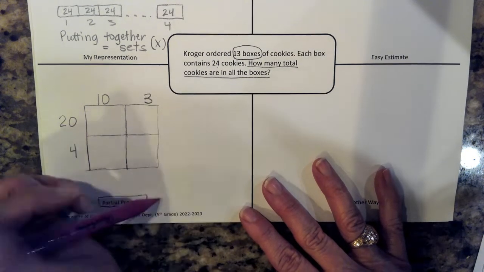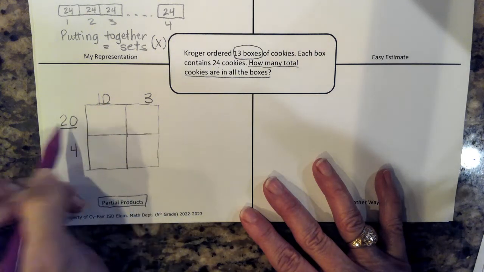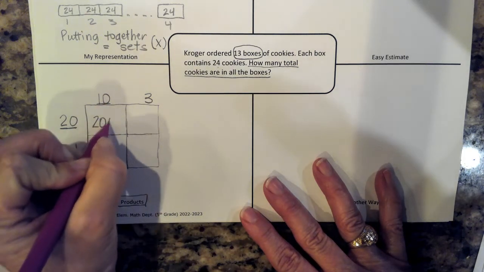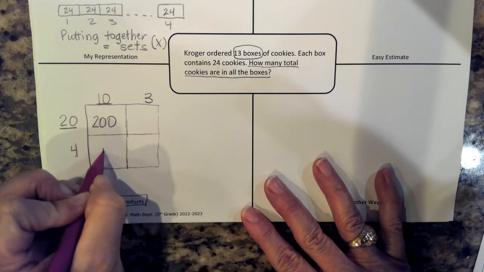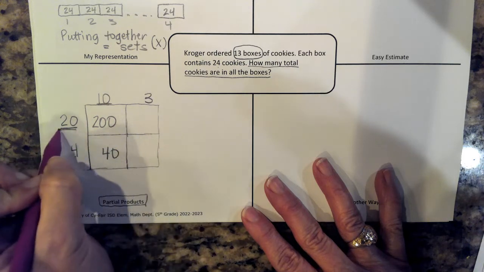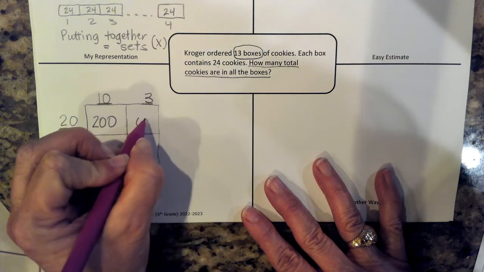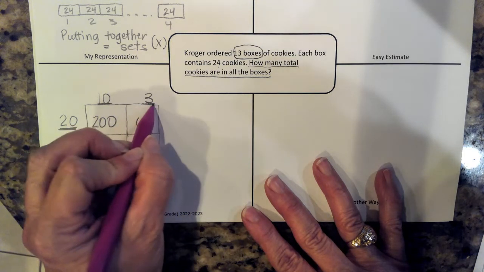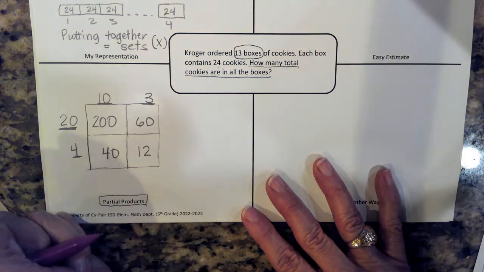So 10 groups of 20 is 200, and 10 groups of 4 is 40, and 20 groups of 3 is 60, and 3 groups of 4 will give me the total 12.